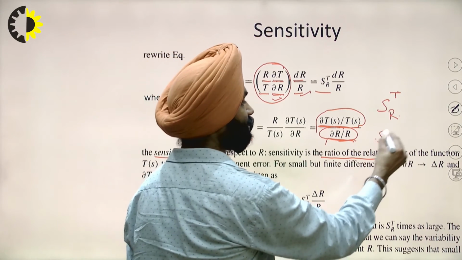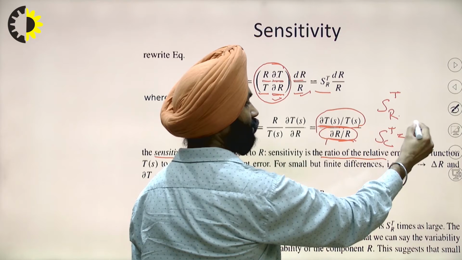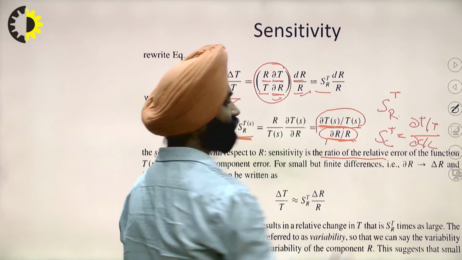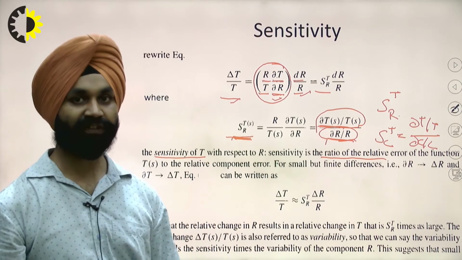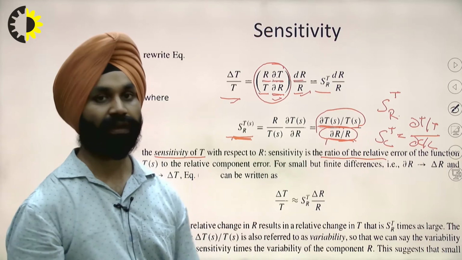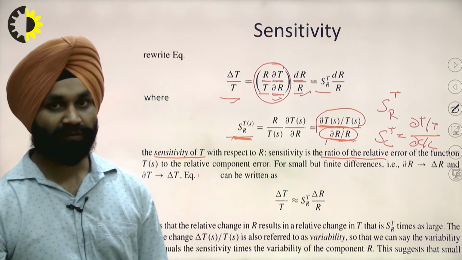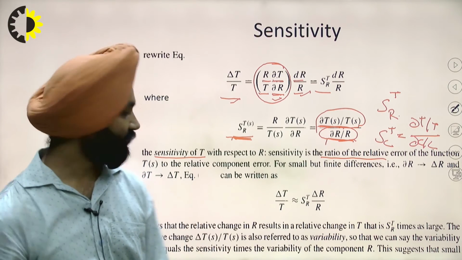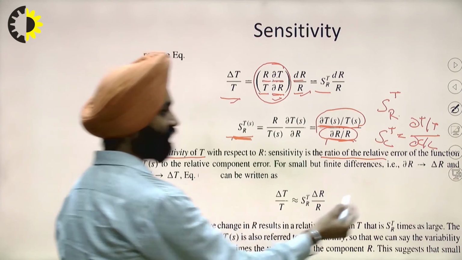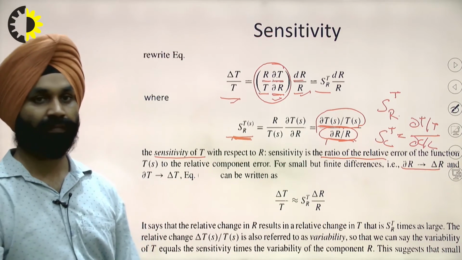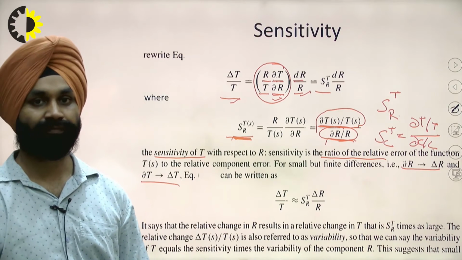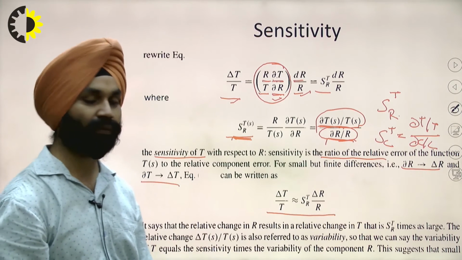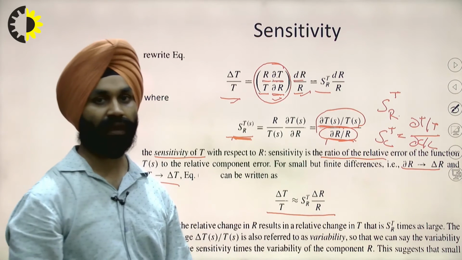So I will write S_T^C is equal to del T by T upon del C by C. Here we are considering that only R is varying, so I have del R by R. So for a small but finite difference, this R is small but finite, so we can change dR to del R and dT to del T. So this equation can be written as del T by T is equal to S_T^R into del R by R.